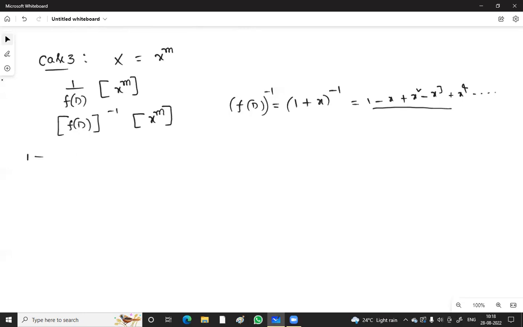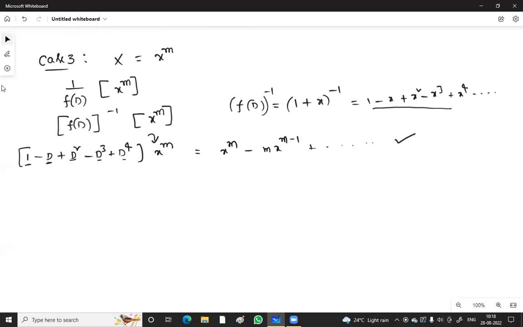It means 1 minus D plus D square minus D cube plus D to the power 4, and so on. You have to operate this on x to the power m. It means 1 on x power m is nothing but x power m only, minus differentiation of x power m, m into x to the power m minus 1, plus 2 times differentiation, you know how to do that. So simply each term you have to operate on x to the power m. That's it. You will get a solution.